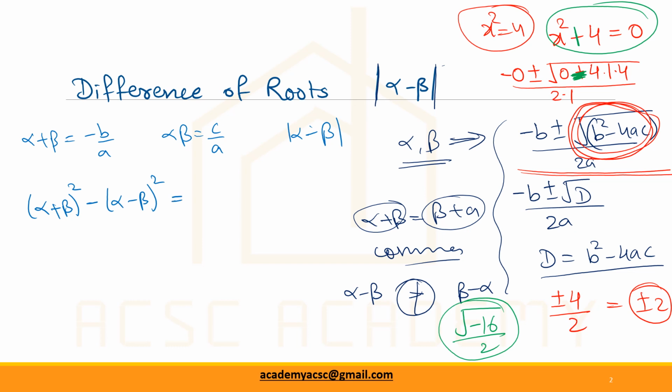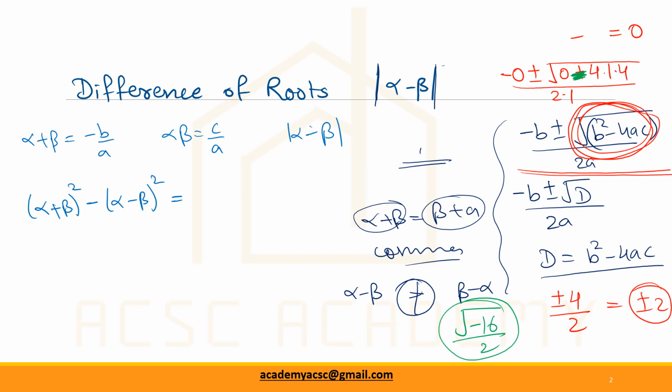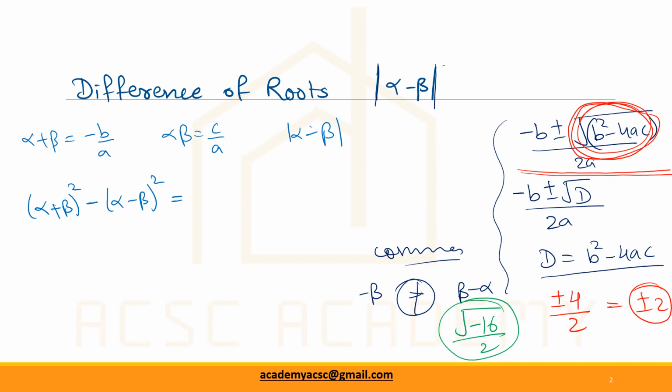If we simply subtract them, then let us see what happens. Now for the subtraction, we'll simply expand them using the formula which you already know, and then we will substitute their values that we have written above. So that gives us alpha squared plus 2 alpha beta plus beta squared, minus of alpha squared minus 2 alpha beta plus beta squared.